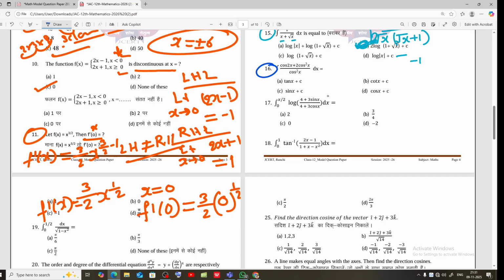That means first we change the question into cos 4x plus 2 cos square x.